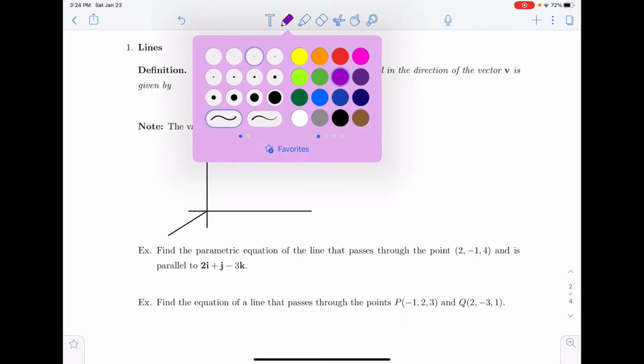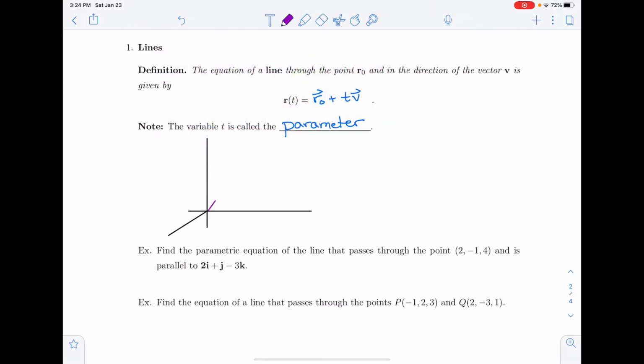I'm going to start by drawing a vector r0. r0 is going to then point to the point r0. And then I want to add another direction vector. We'll call that vector v. So I want a line that starts at r0 and then points in the same direction as v.